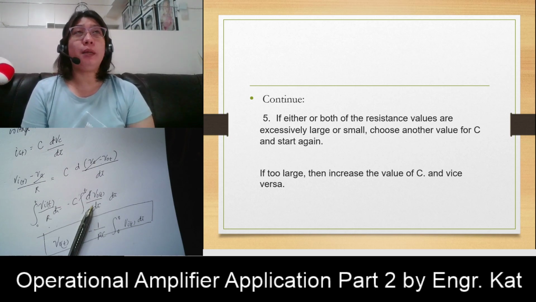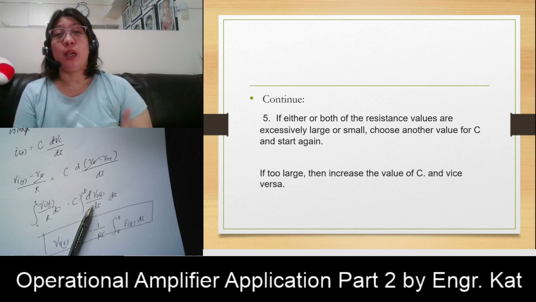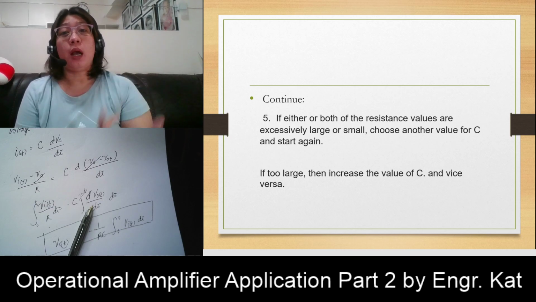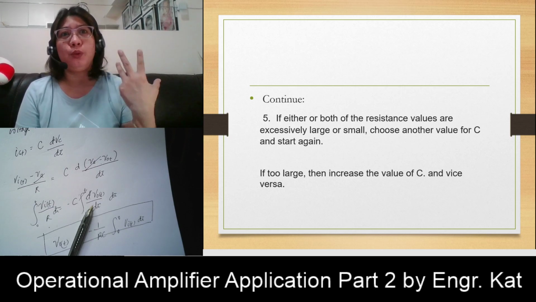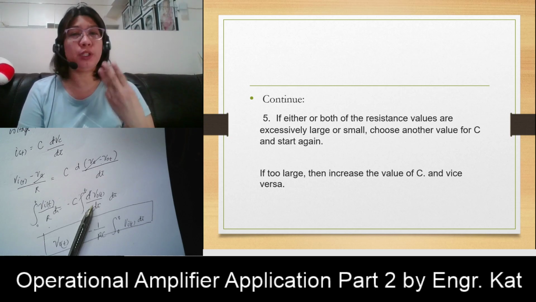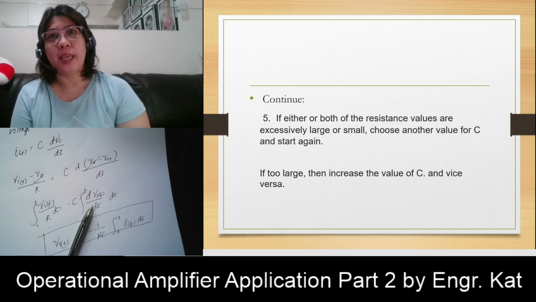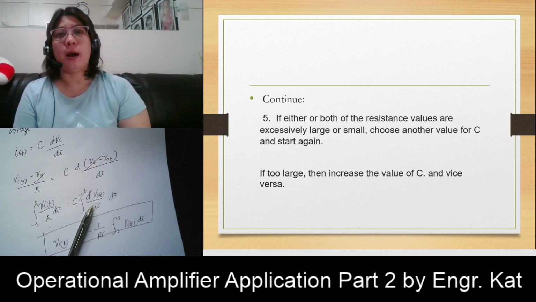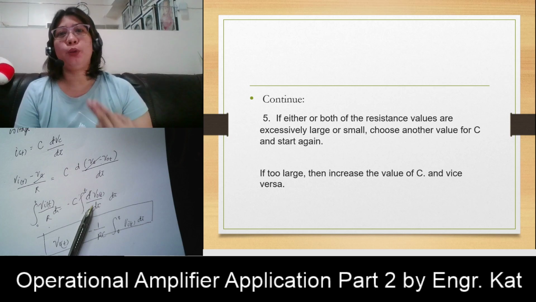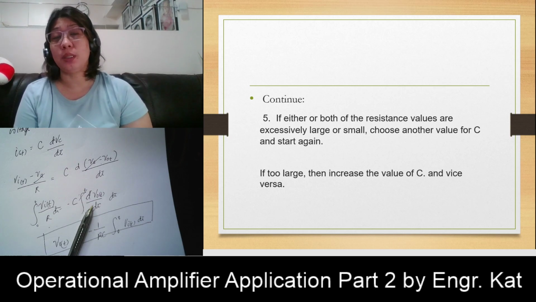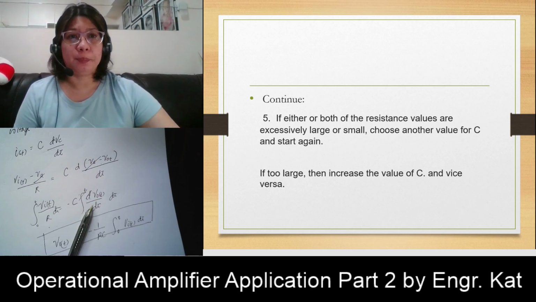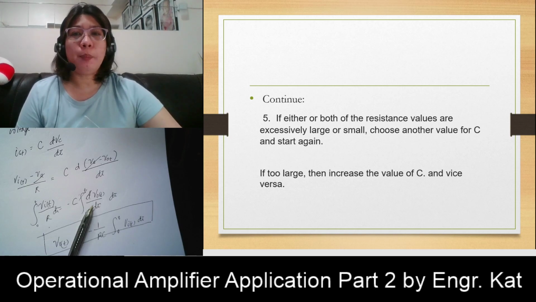So to summarize, all you have to do is to design or get the value for your three components: the Ri, your C, and your Rf. Actually, you just have to solve for the two resistors because you can choose the value for your capacitor.